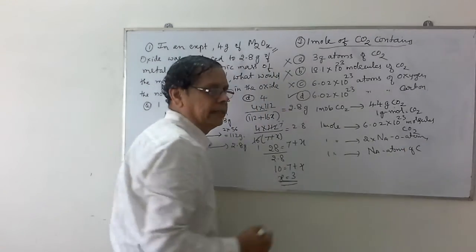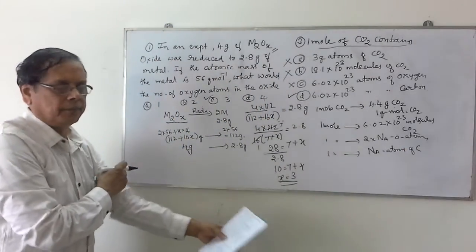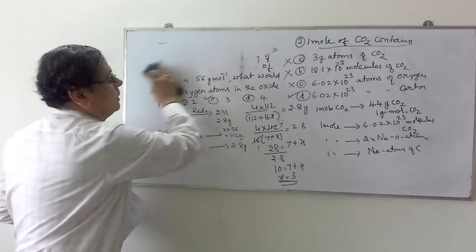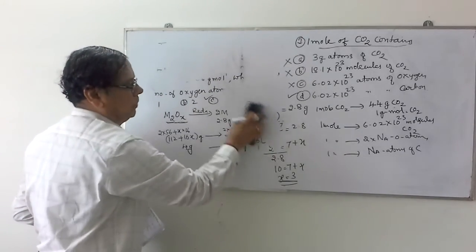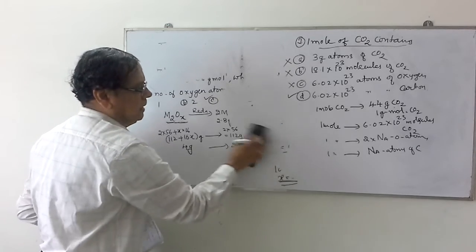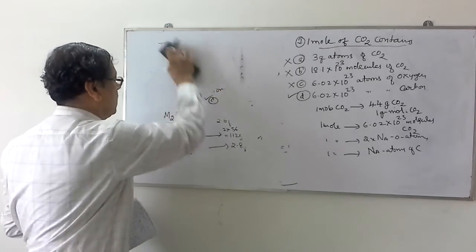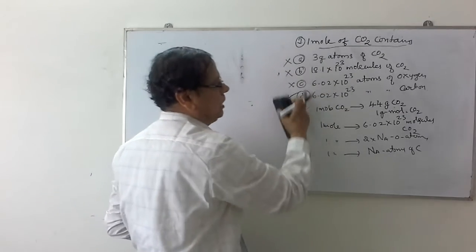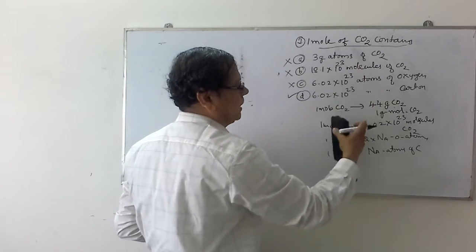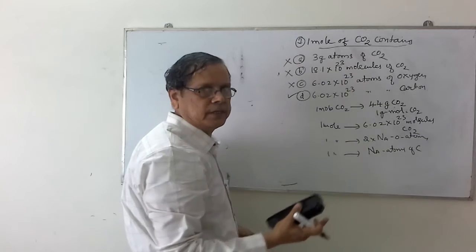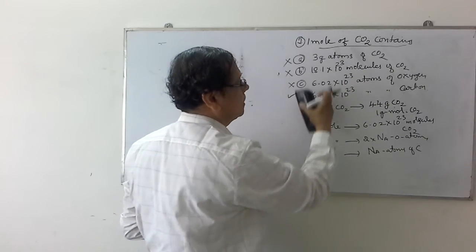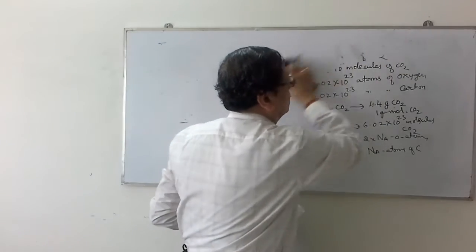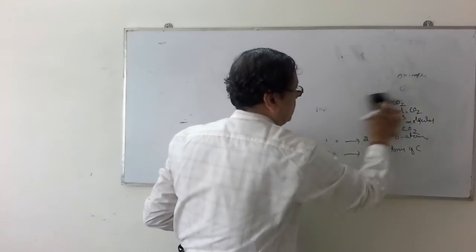Therefore option D is correct. The number of atoms or molecules present in 1 mole we can calculate. So 1 mole contains 3 gram atoms of carbon and oxygen totally. But it is not atoms of carbon dioxide, it is molecules of carbon dioxide.